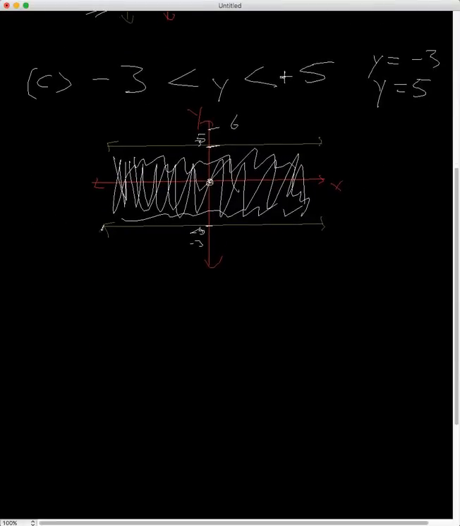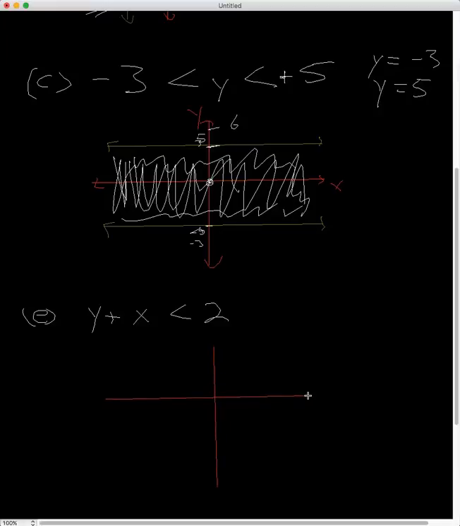And the last one that I was going to do is part E, and that is y plus x is less than 2. Now we have an x and a y, so this is a line that we have to draw.